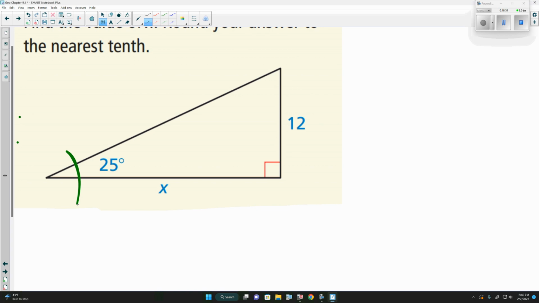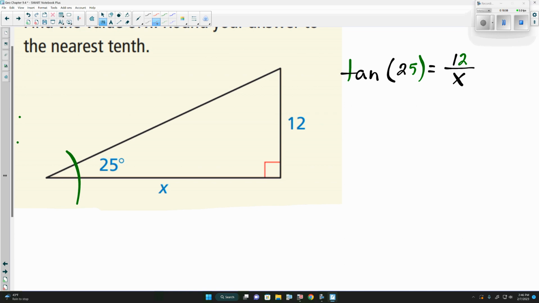We're not trying to find the hypotenuse. So that means the only trig function we can actually use is tangent. And we say tangent of 25 degrees is equal to the opposite side. The opposite side, or the side farthest away from 25, is 12. And the adjacent side is x.